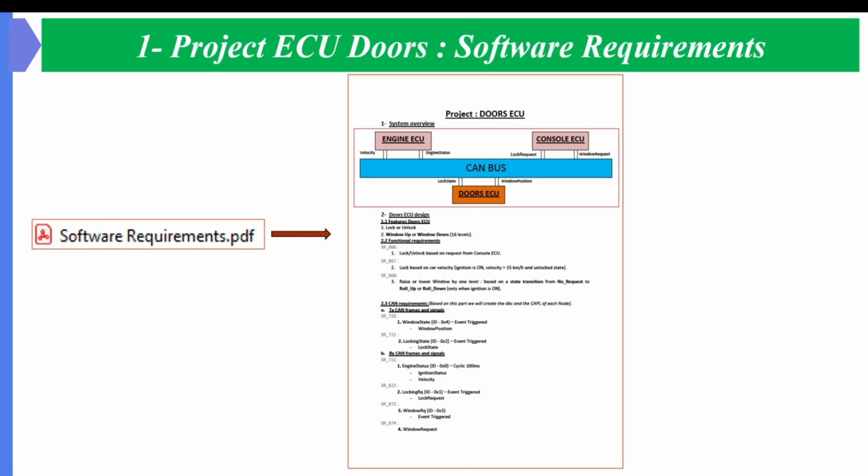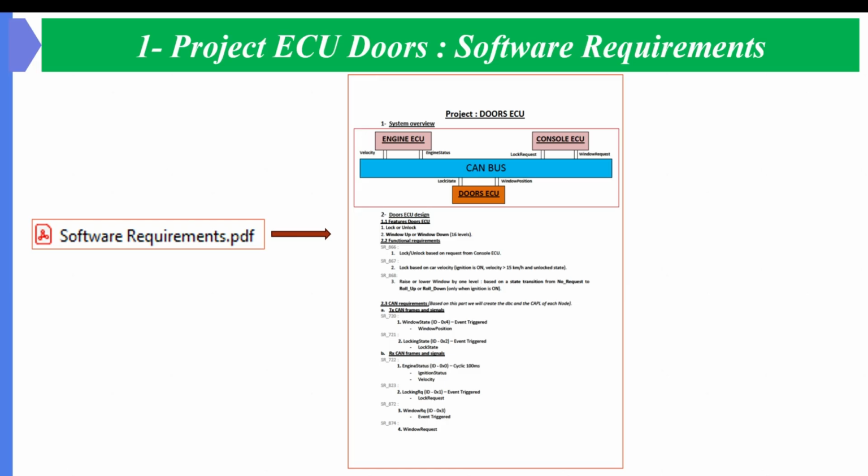As you see, for each software requirement, we have an ID. The goal is to identify each software requirement, because at the end we need to perform traceability between the software requirements and the test cases that validate them. So keep in mind, as the first step, we use the software requirements of the project as the input.